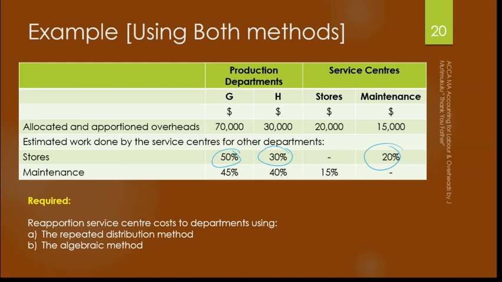Then the maintenance department itself offers 45% to G, 40% to H, and 15% to the stores service center.